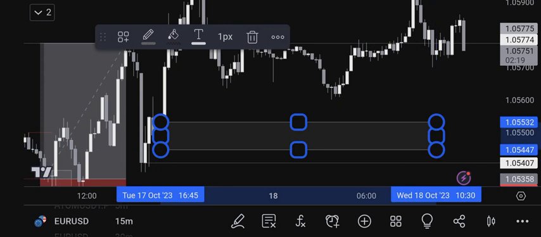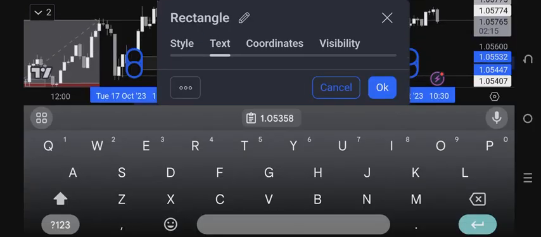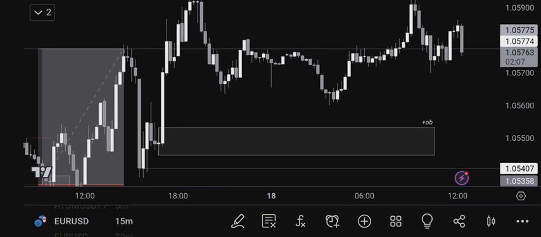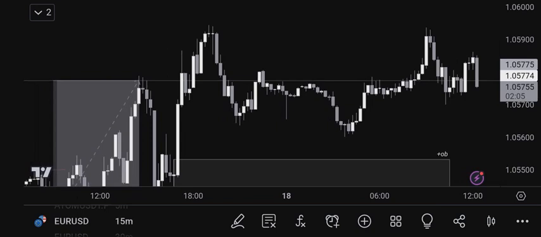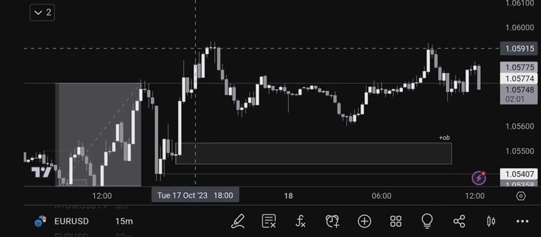Which will be mitigated anytime soon. Okay. Now you will probably hear when this trade started happening.